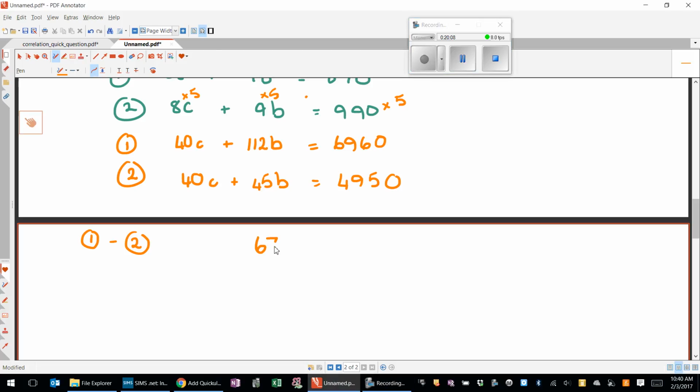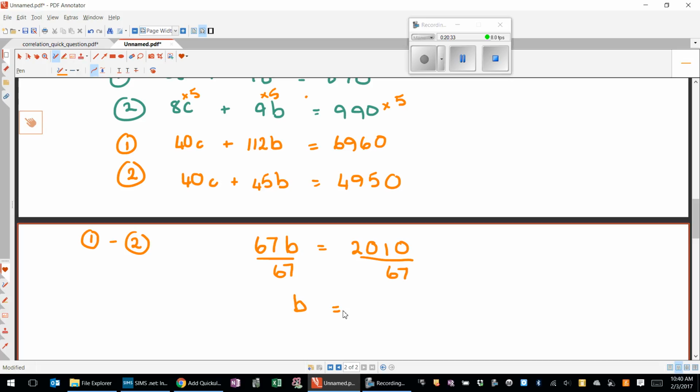And 6960 minus 4950, 2010. So I want to find B, so I have to divide through by 67. So B equals 30.